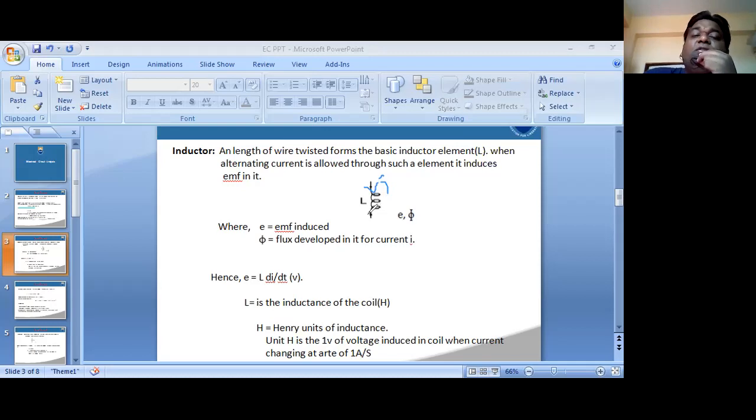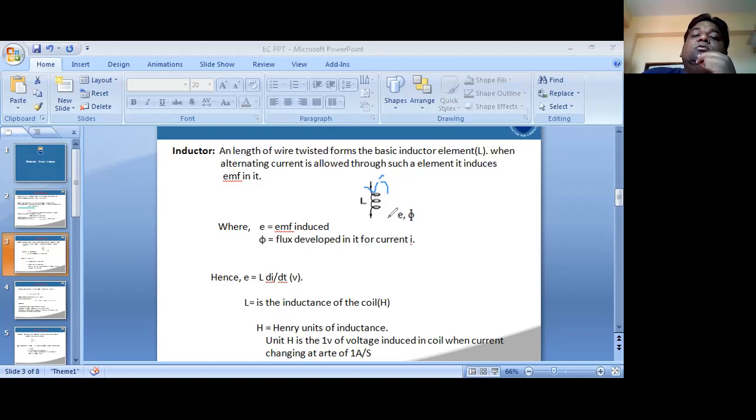Here, Faraday's first law says that if a coil experiences variable flux or change in flux, then EMF is induced in it. Here I pronounced the coil by showing the inductor element. Both are one and the same, so we can call an inductor element also a coil.